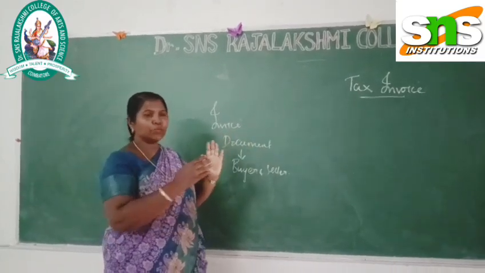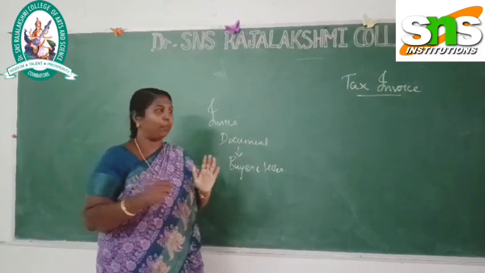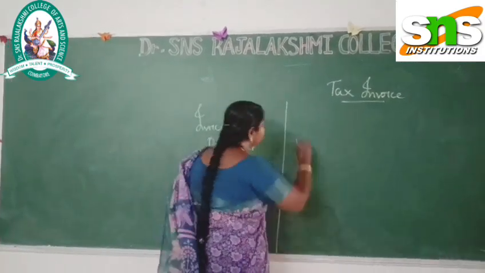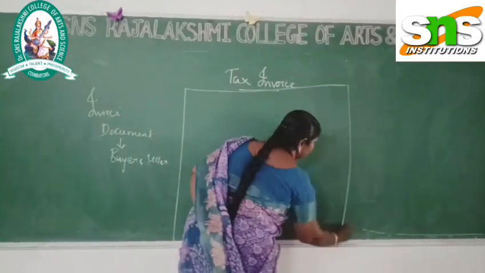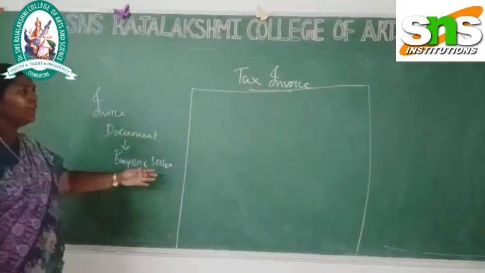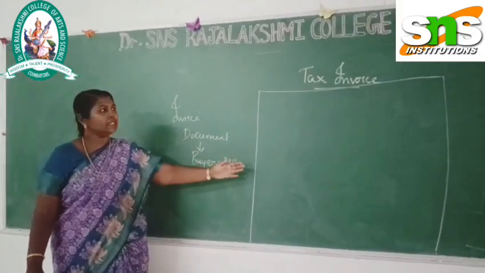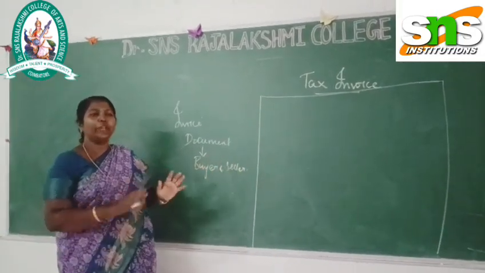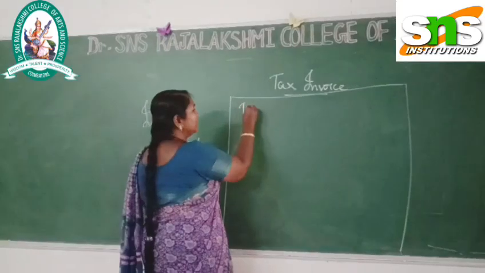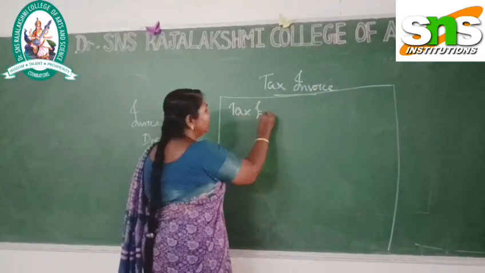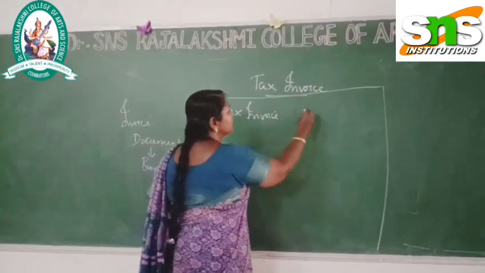So I will describe how the tax invoice should be. Here the buyer and seller's details should be mentioned clearly. This is a document, so it should be in an accurate format. First, the tax invoice format contains the seller detail.